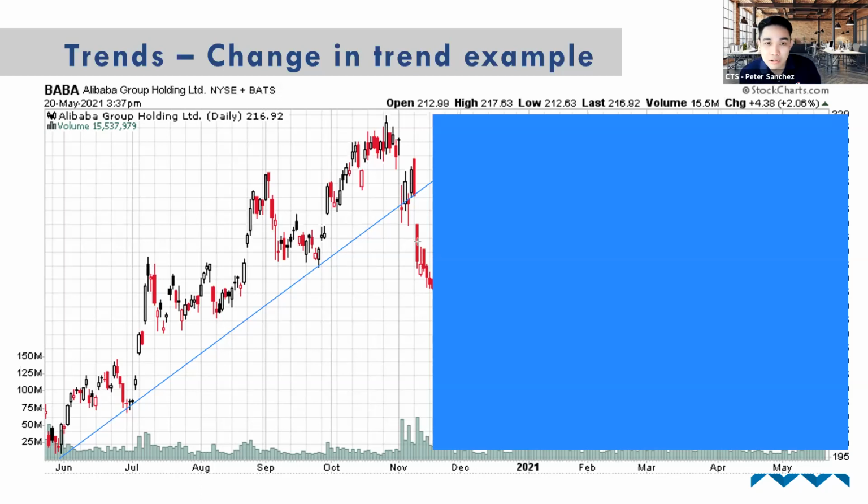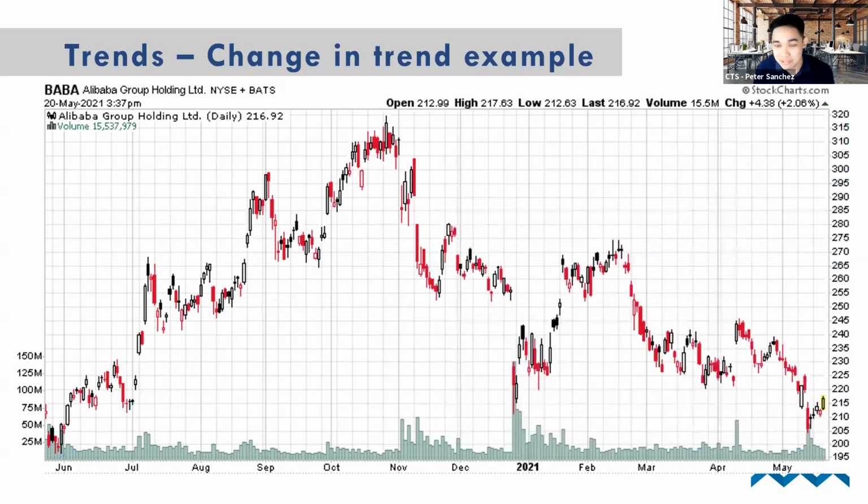Pwede siyang mag-hold lang siya dyan or maging sideways, no? Pero from there, kung nakikita mo na nag-break yung trend mo, and you were long, you should, at the back of your mind, dapat nasa isip mo na magbenta. Okay? And yun nga talaga nangyari. Kung di ka nagbenta, o de yung stock mo, nandito na sa 215. From trader, naging investor ka na. Di ba? Ayan.